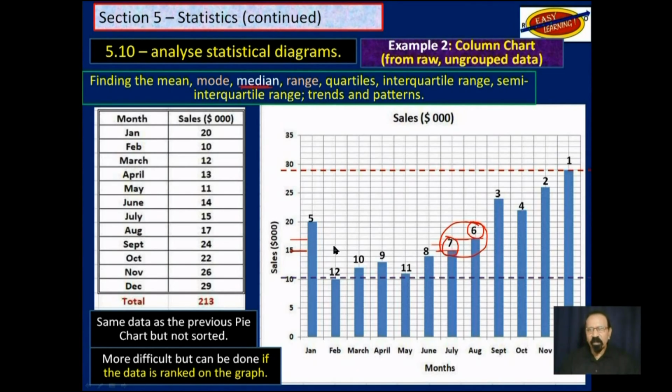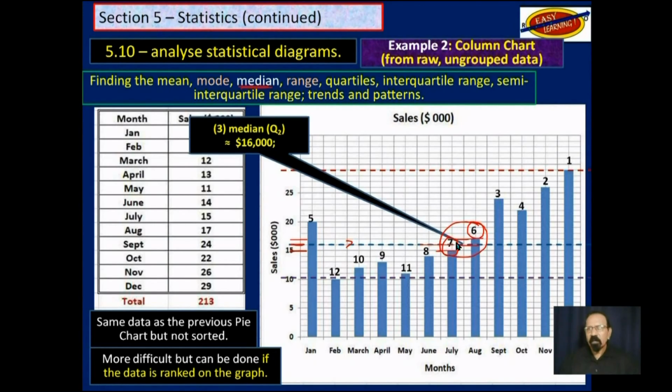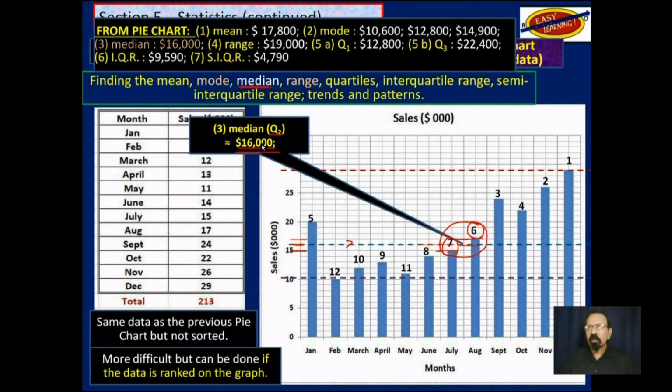So halfway between there, this line here, will be 16,000. We don't have to do any calculation. We could just read it off. So Q2, the median, is 16,000. How did that compare with the pie chart? Yes, from the pie chart, we also got 16,000.